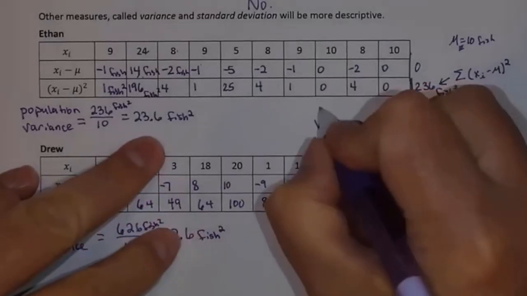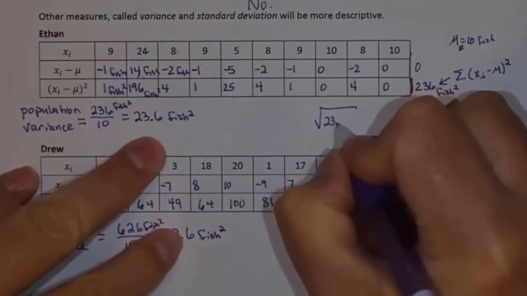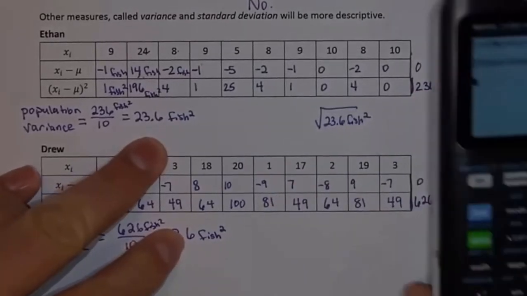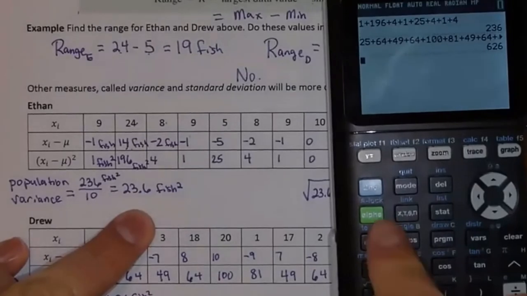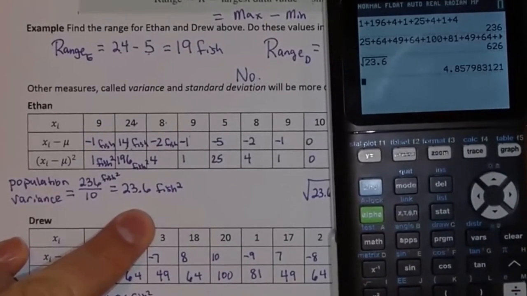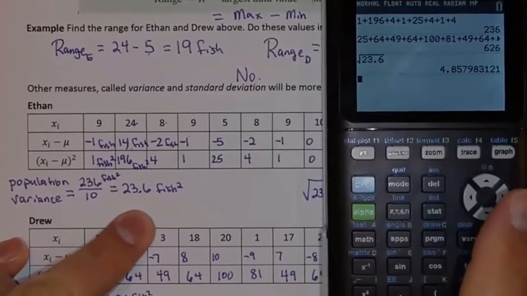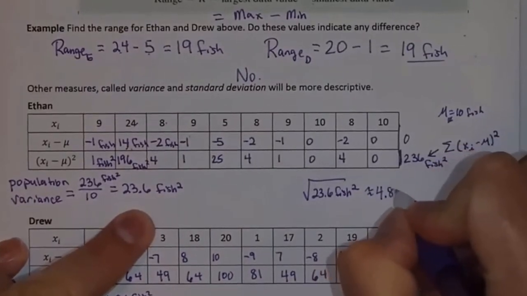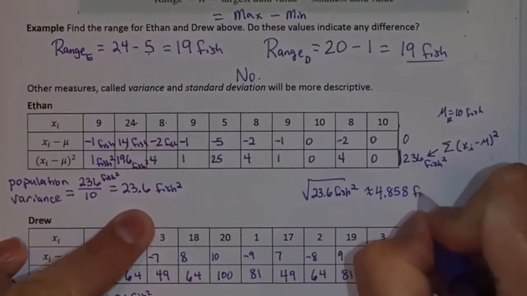So if I take the square root of 23.6 square fish, the square root of 23.6, that is 4.858 if I round to 3 places. This is approximately 4.858 fish.